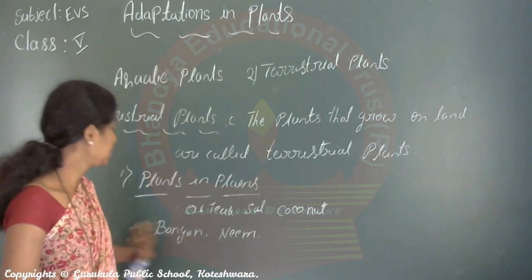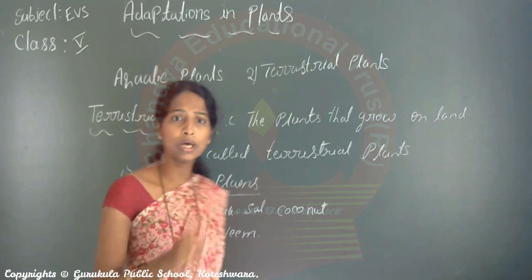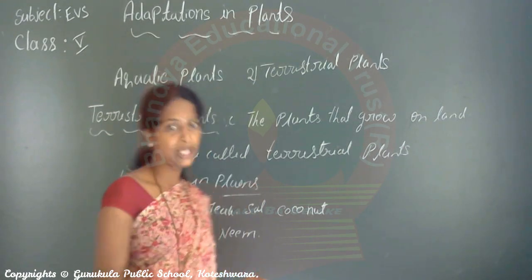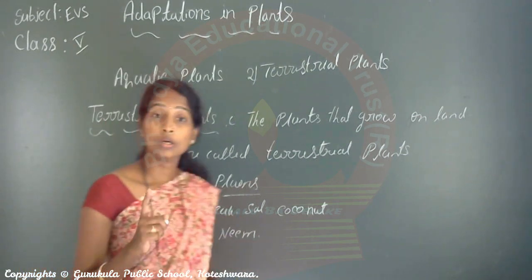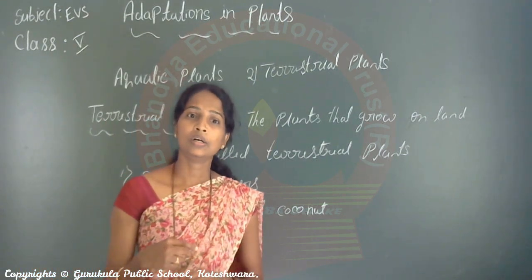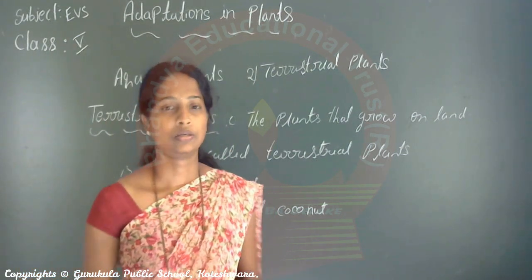Banyan, neem, teak all grow in plains, but in plains we can see different types of plants.